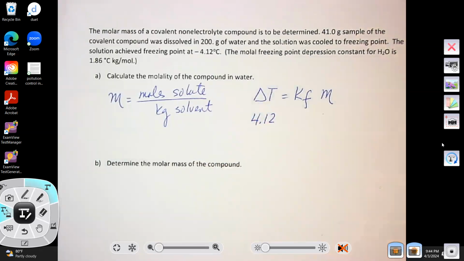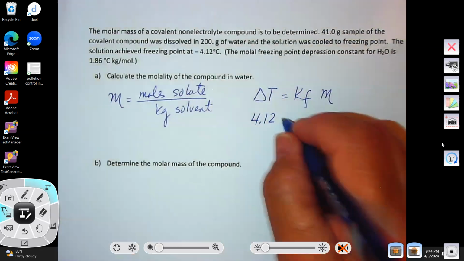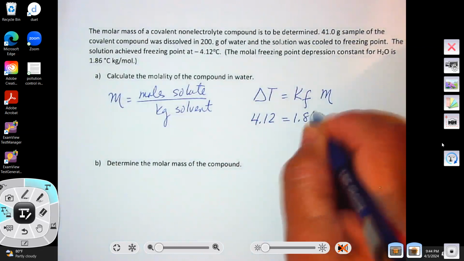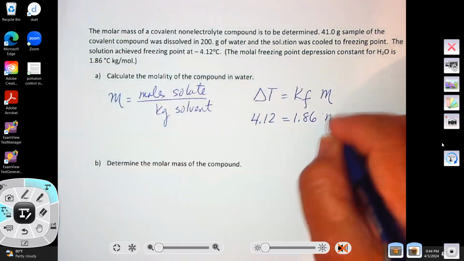That's how much the temperature changed from 0 down to negative 4.12. That means the change in temperature was 4.12 equals 1.86, which is the KF, times molality.